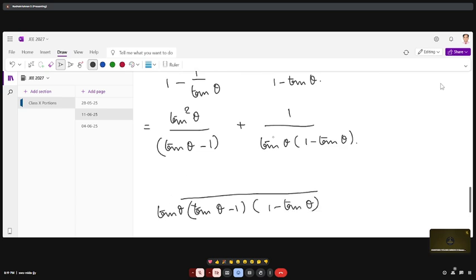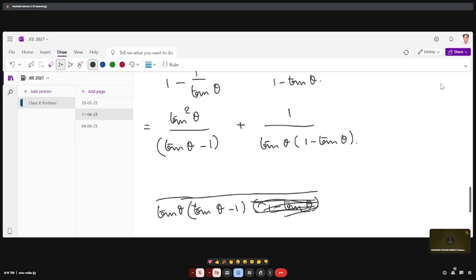So I'm taking the, sorry, any one you can take, sir, not both, sorry. So you can simply take tan theta into tan theta minus 1. Okay, that is the LCM of the two. Because 1 minus tan theta and tan theta minus 1, one is the negative of the other. So you keep this as the LCM at the denominator.